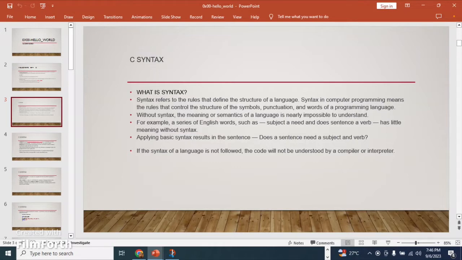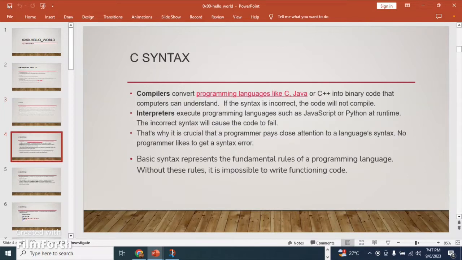So also in C, syntax refers to the rules that define the structure of the language. This applies to all programming languages. It's the rules that control the structure of the symbols, the punctuation, and the words of a programming language. Without syntax, the language is nearly impossible to understand. So it gives order to the chaos.